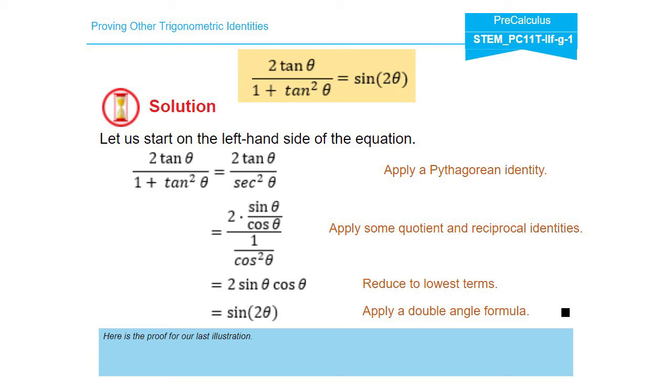The secant square theta in the denominator, we can also apply the reciprocal identity, change it into 1 over cosine square theta. Okay? And then we can simplify this expression into lowest terms. The result will be 2 sine theta cosine theta. Okay? And as you can see, it is a double angle formula. So we can simply express it as sine 2 theta.